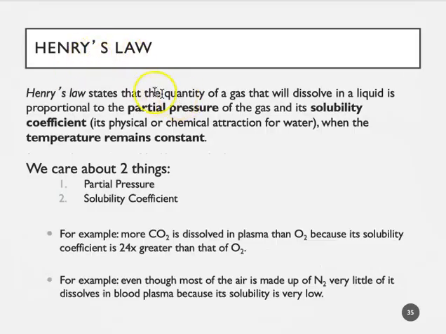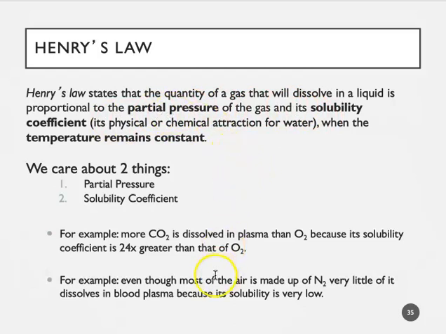Now, Henry's law takes that partial pressure, whether it's that 600.4 mmHg of nitrogen or the 159.6 mmHg of oxygen, and it takes into consideration its solubility coefficient. Those two things work together to determine whether or not it will actually dissolve in a liquid.